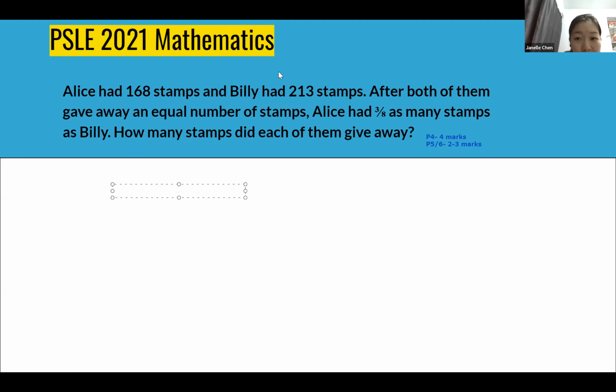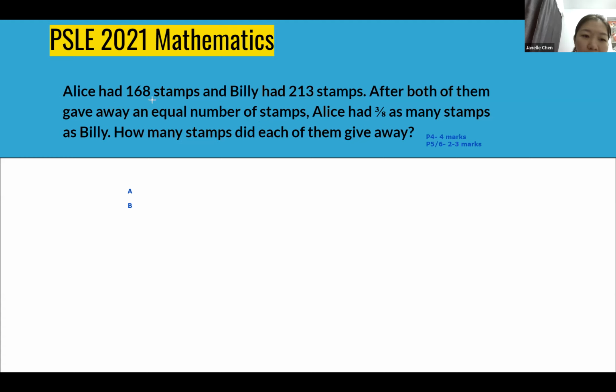So without further ado, I'm going to start the question. I will start with the model because there are P4 students in the session today as well, so that everyone benefits. We have A and B, Alice and Billy. Alice has 168 stems, and Billy has 213 stems.